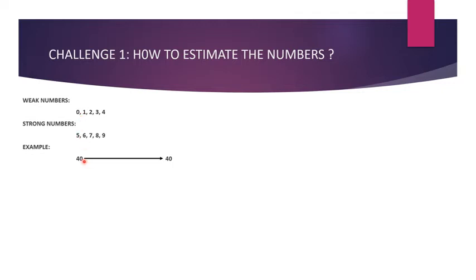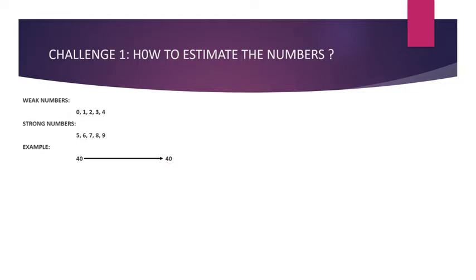So it will not do anything, and the next number is 4. It means that 4 will remain the same, and 0 as it is. Because 0 is a weak number, it will not change the other number. So 40 will remain the same. After estimation it is 40.